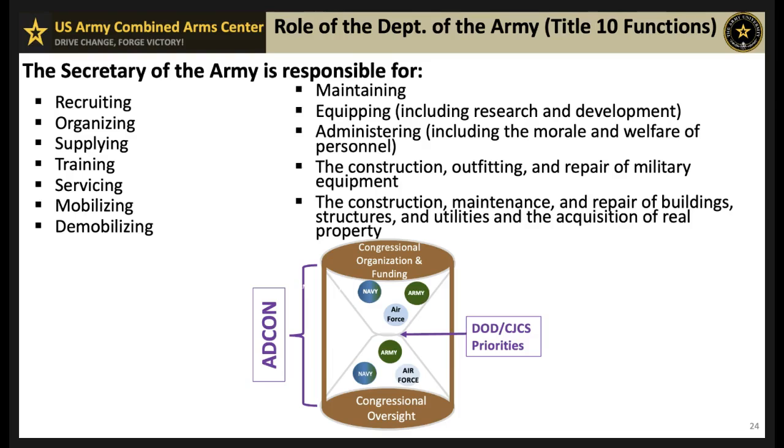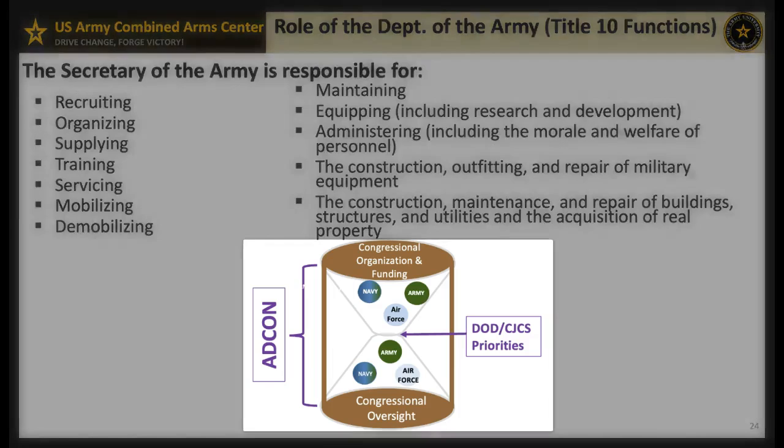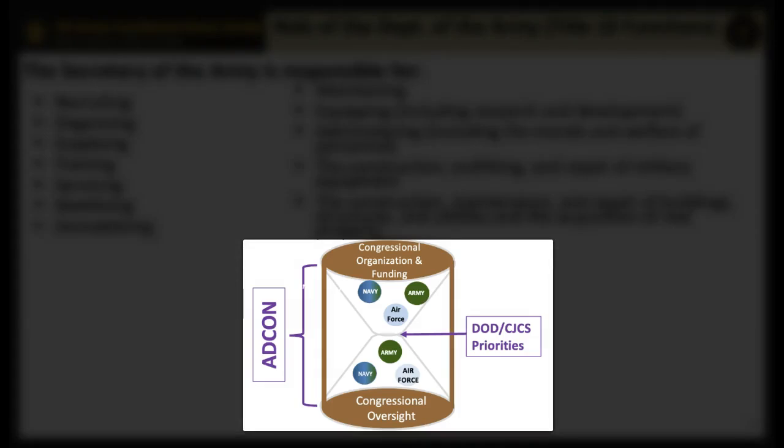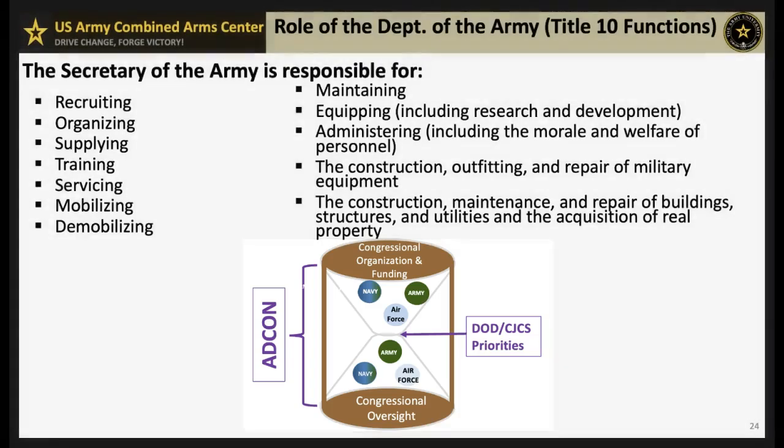Additionally, the Secretary is responsible for maintaining and equipping the Army, including research and development, administering personnel welfare, and managing the construction, outfitting, and repair of military equipment and infrastructure. These functions ensure that the Army is well prepared and maintained to meet its operational needs, supported by congressional organization, funding, and oversight, aligned with DoD and CJCS priorities.